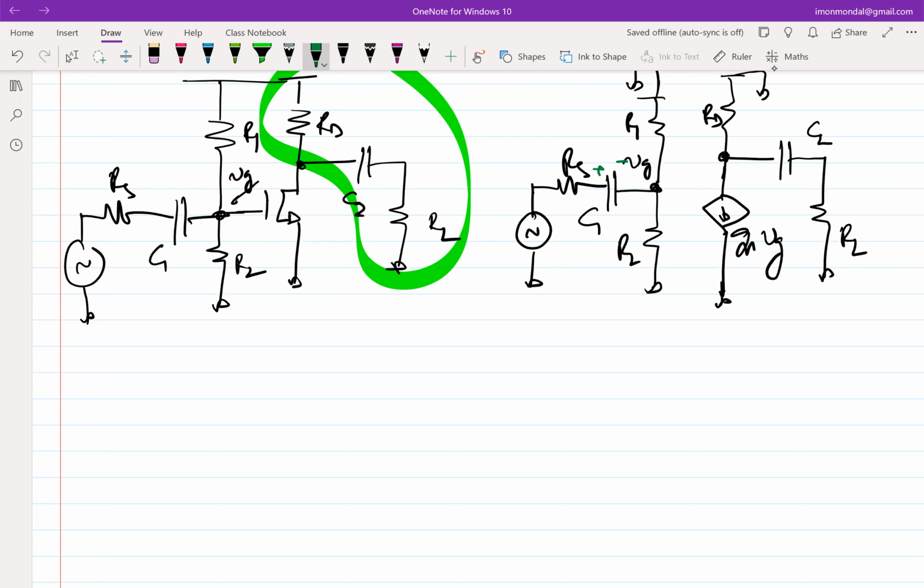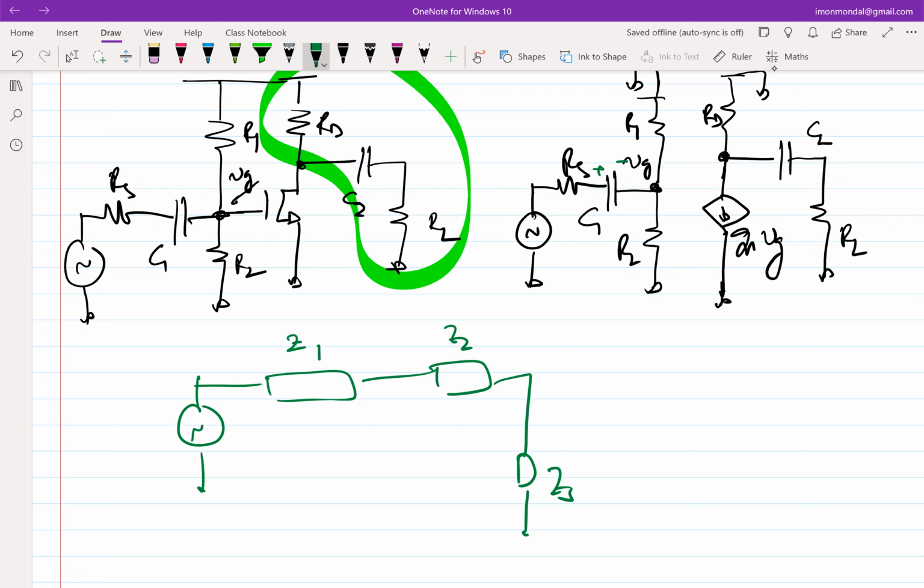Let's assume I have any bunch of impedances, say Z1, Z2, Z3, Z4. Suppose I figure out the voltage drop across Z2, and I want this voltage drop to be much lesser than something.